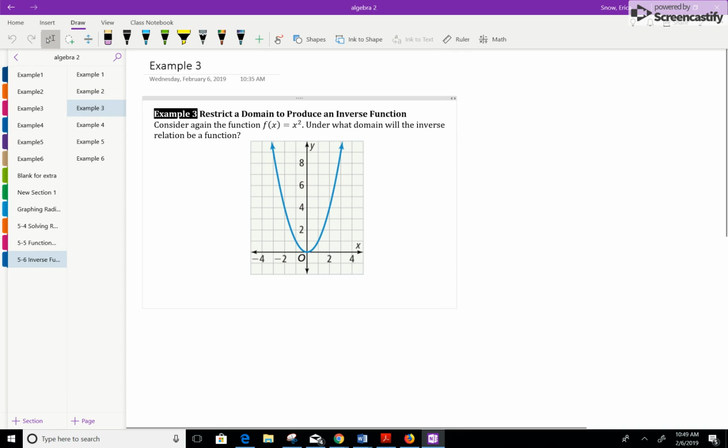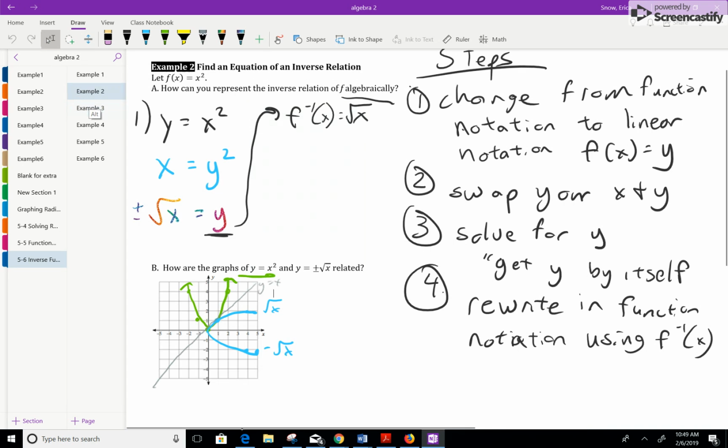Okay, so now let's look at example 3. The problem with example 2 is that this blue line is now no longer a function because it doesn't pass the vertical line test. It touches that vertical line. So this is not a function.